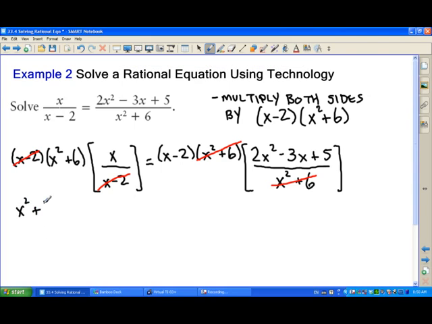I have x squared plus 6 times x, and that's equal to x minus 2 times the numerator 2x squared minus 3x plus 5.